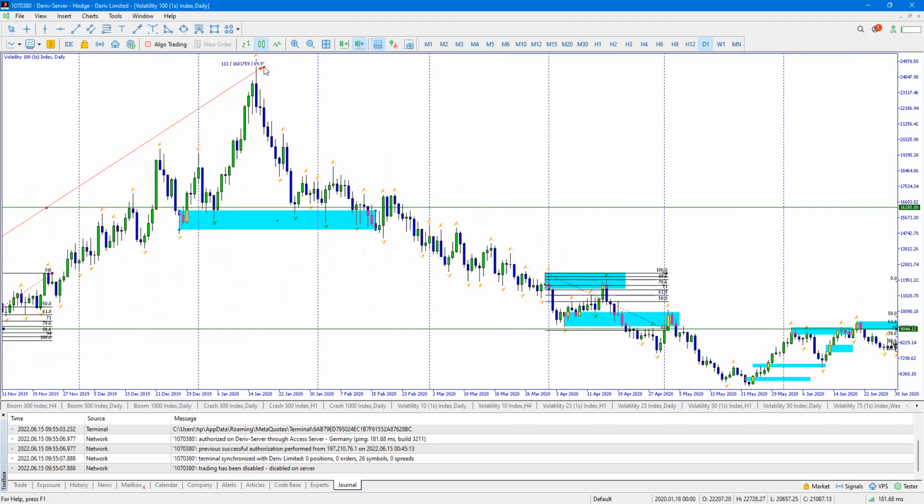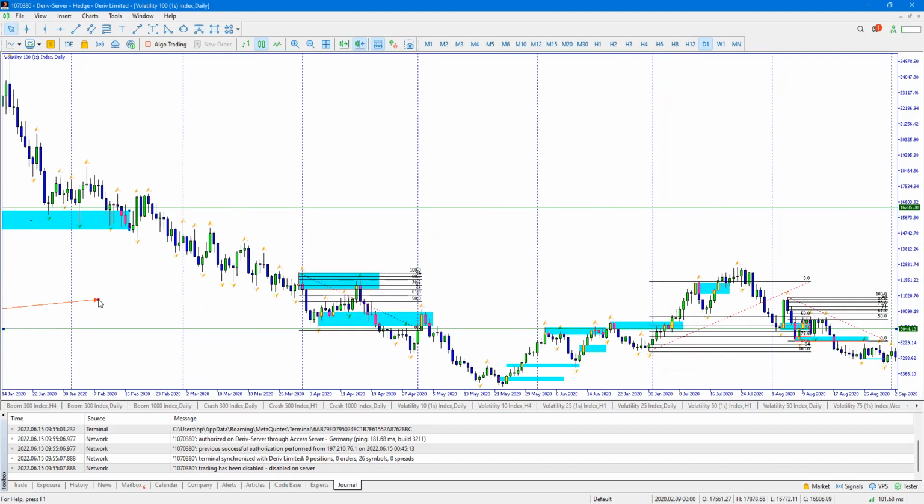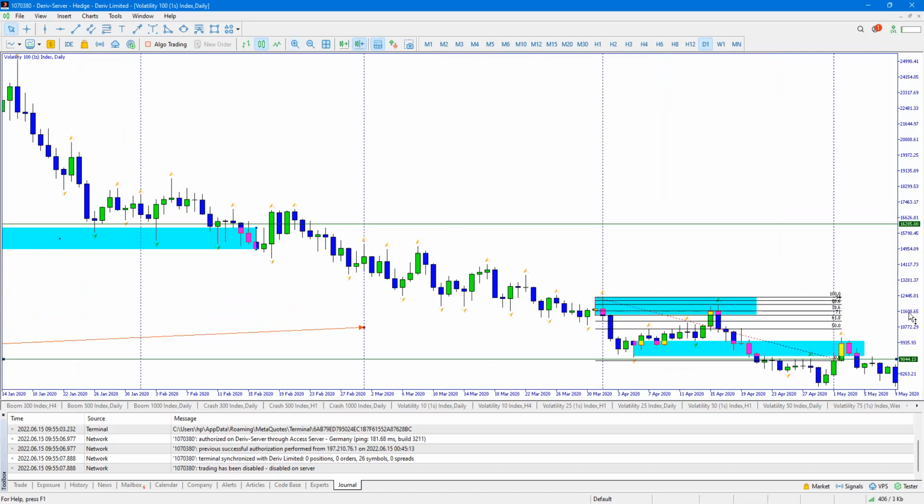So price created the high, ranged here. There was a break of structure, but there was no proper retest. However, notice that price was giving a series of highs and lows. Price came back to retest this institutional candle. It's a very, very clear institutional candle.